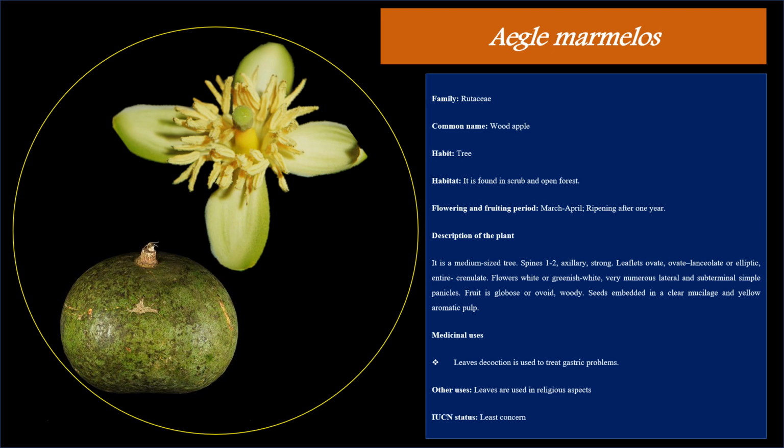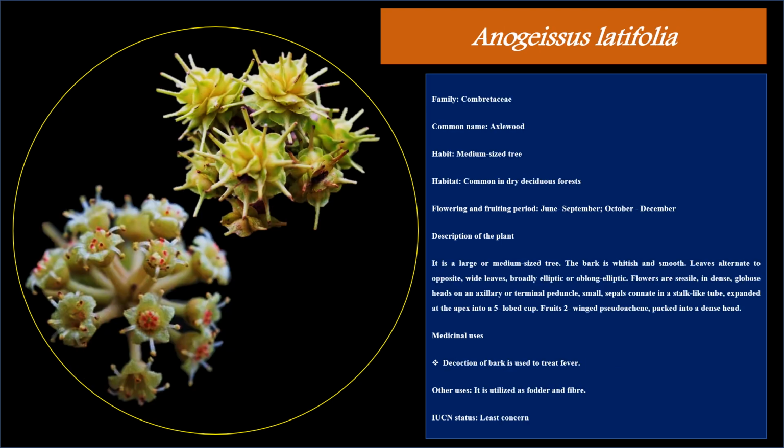Whenever we ladies sometimes do fasting for ritual aspects, at the time of ritual, or when we go to any temple, they will mainly give the leaf of Aegle marmelos. As I have said, the leaves are used in religious aspects, and its IUCN status is least concern.